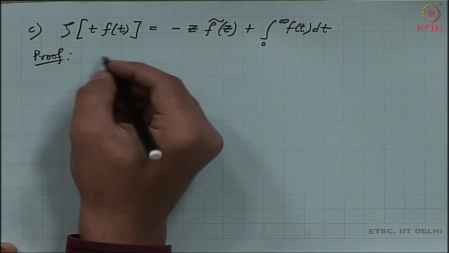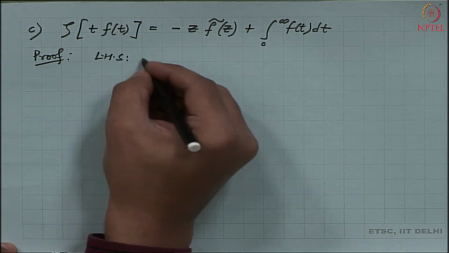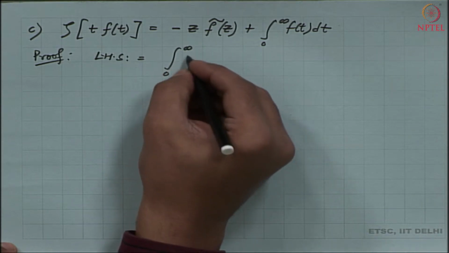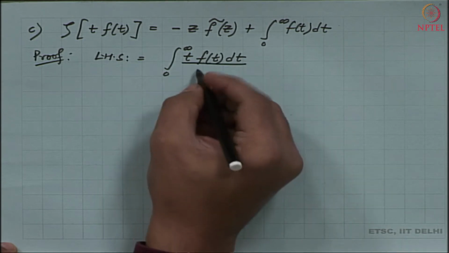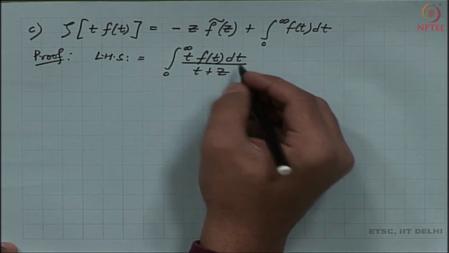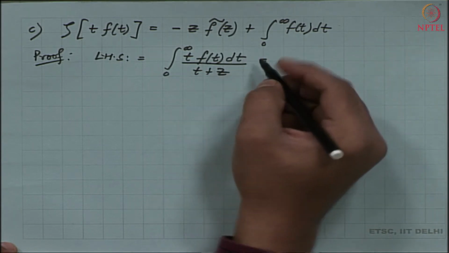Look at the left hand side here. This is equal to the Stieltjes transform integral from 0 to infinity of t times f(t) dt divided by (t + z). To further solve, I am going to break this integral into two halves.